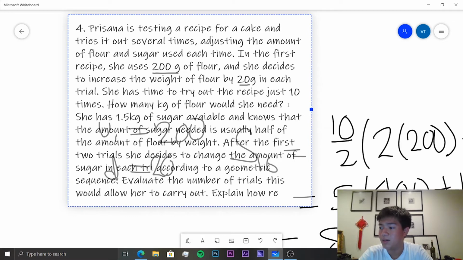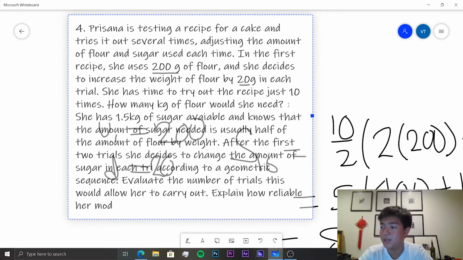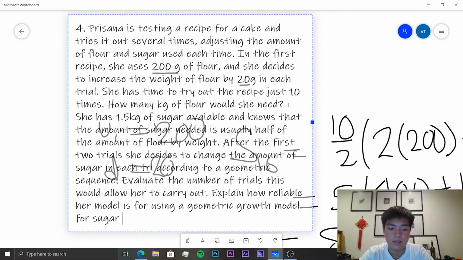Explain how reliable her model is for using a geometric growth model for sugar content.